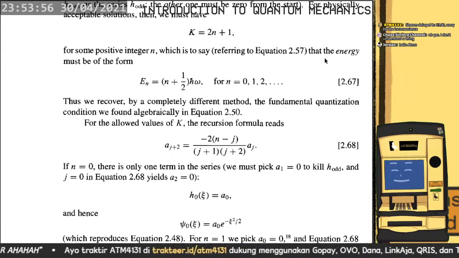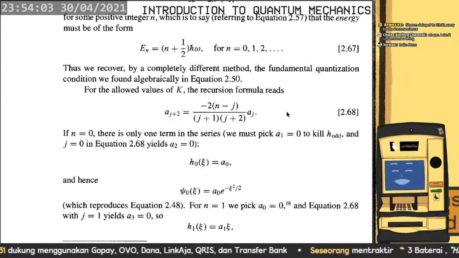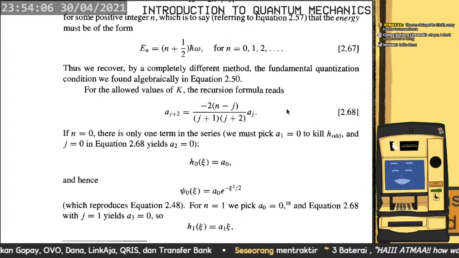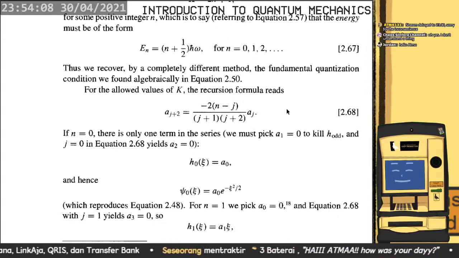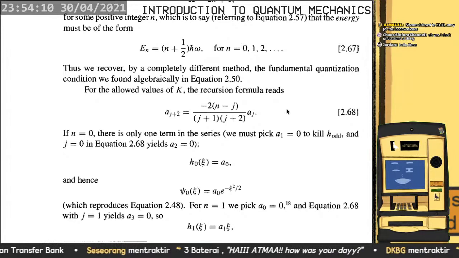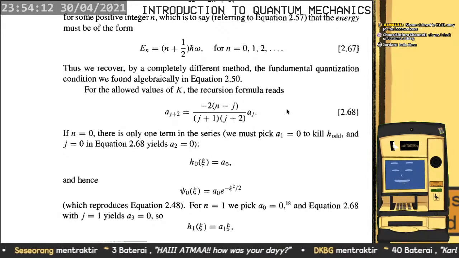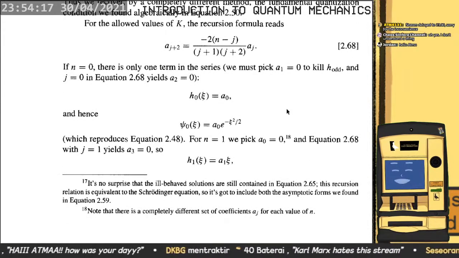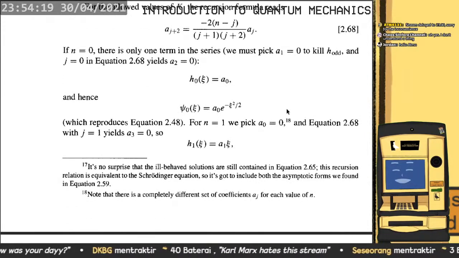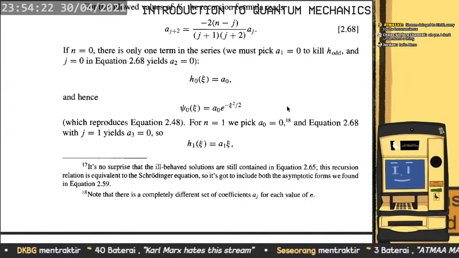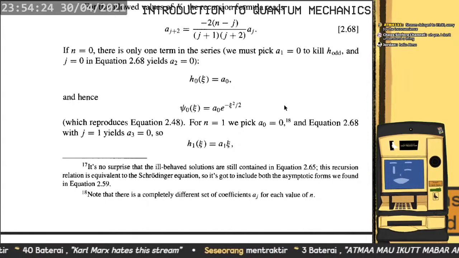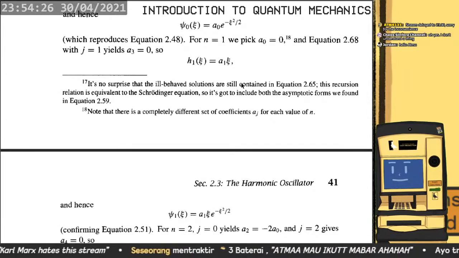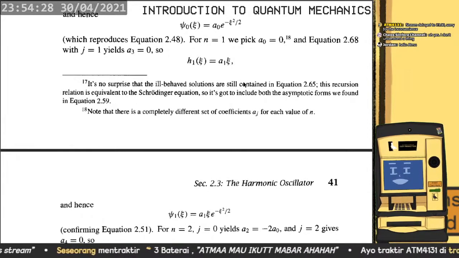equation 2.50. For the allowed values of k, the recursion formula reads this: if n equals 0, there is only one term in the series. We must pick a1 equals 0 to kill h odd, and j equals 0 in equation 2.68 yields a2 equals 0, h0 of c equals a0, and hence this, which reproduces equation 2.48 for n equals 1.